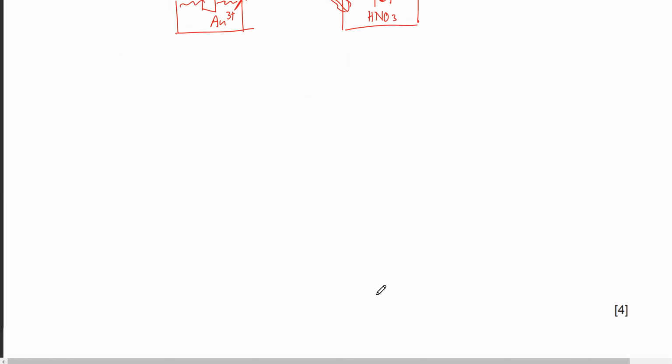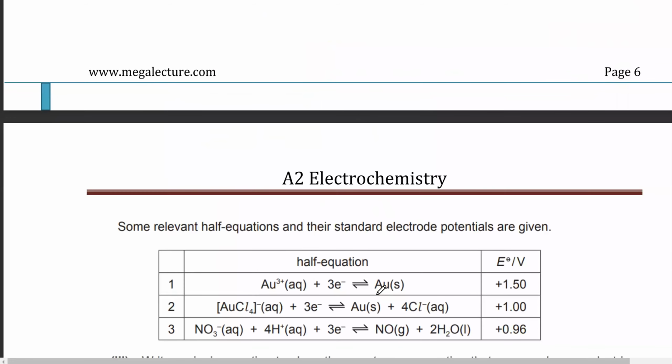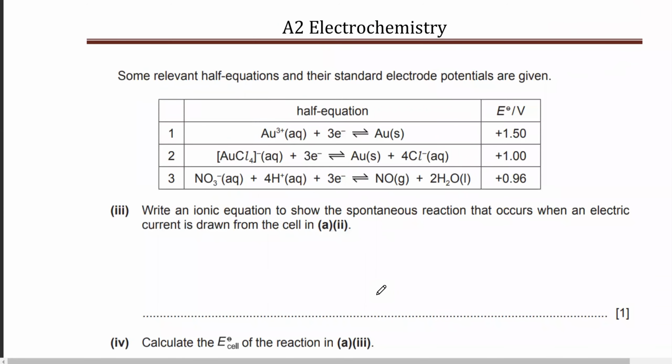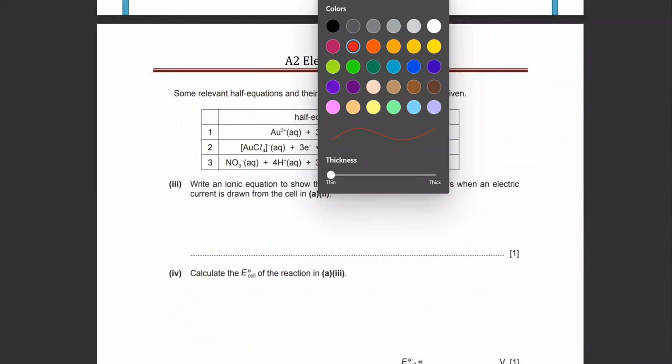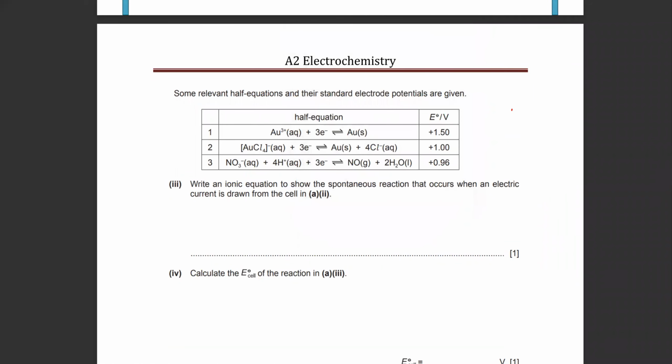So the next part is, they've given you the equations and they've told you to write an ionic equation to show the spontaneous reaction that occurs when electric current is drawn from the cell. So now you have a cell. The first one is the Au cell.